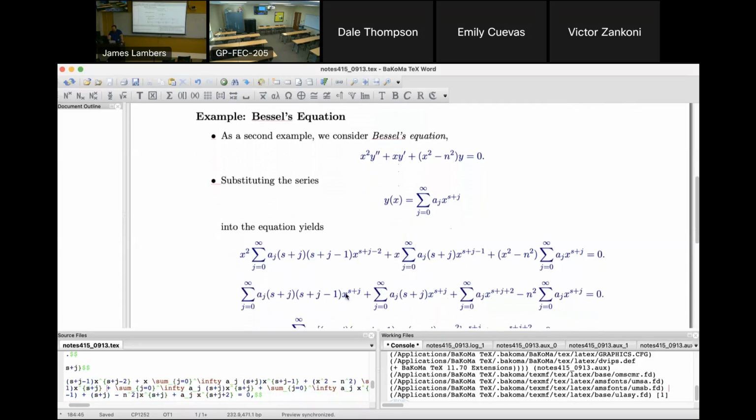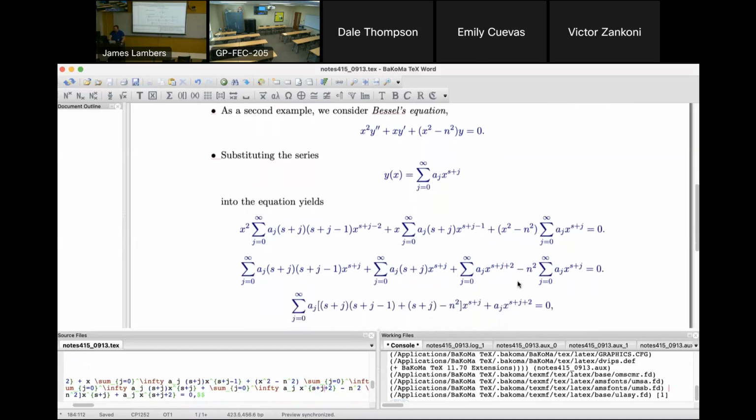It is nice, then, that we have x to the s plus j in both summations. And then I take the x squared minus n squared and break that up. In the first sum, I'll distribute the x squared through, so now we have x to the s plus j plus 2 here. So now we have x to the s plus j in most of the summations, and all summations start at j equals 0.